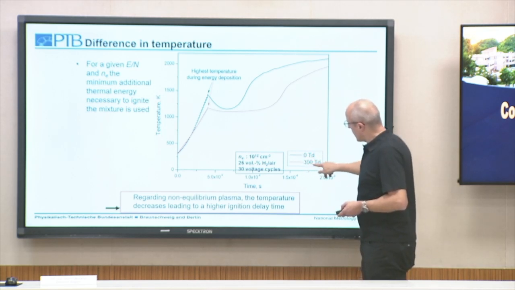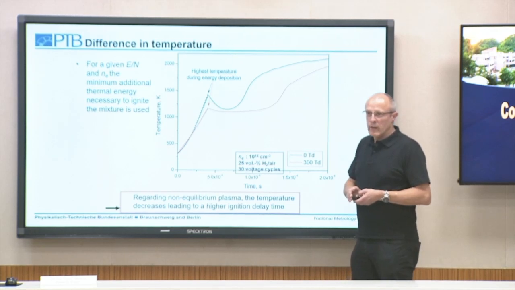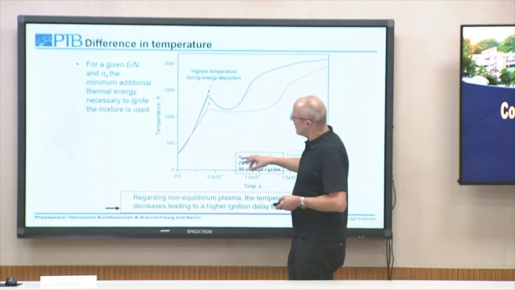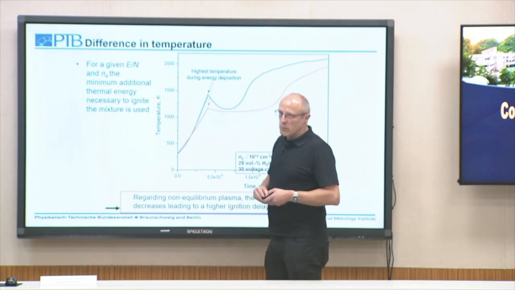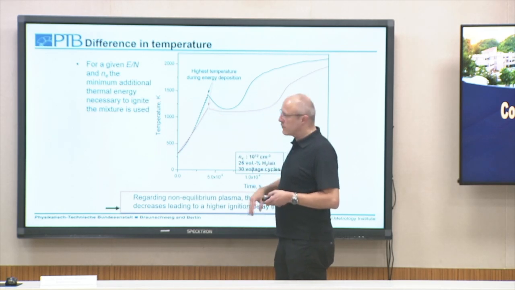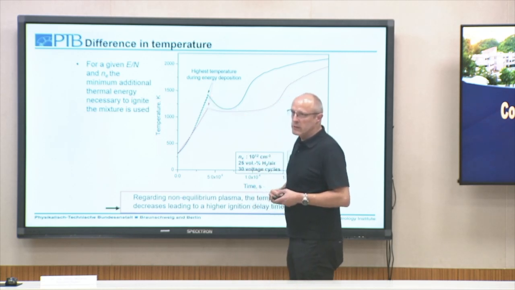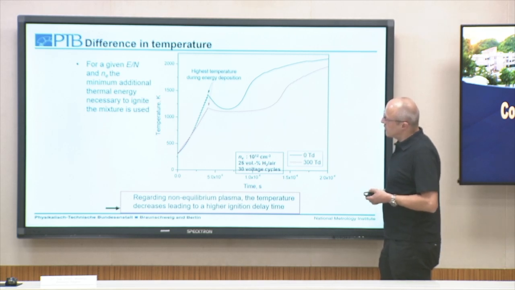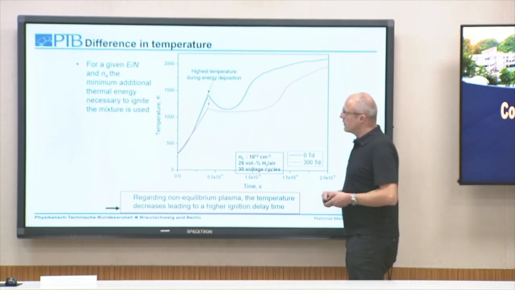Then we turn on the electrical field, so we also include these non-equilibrium plasma reactions. And you see the outcome is that the minimum temperature we have to reach is much lower than in the case where we don't consider plasma reactions.